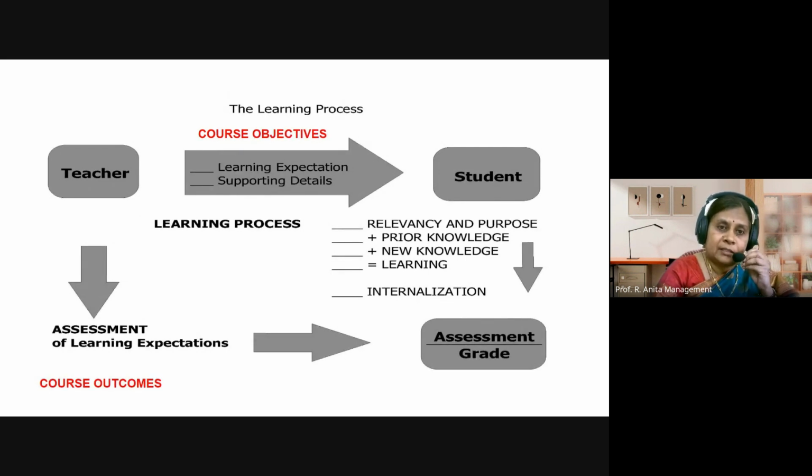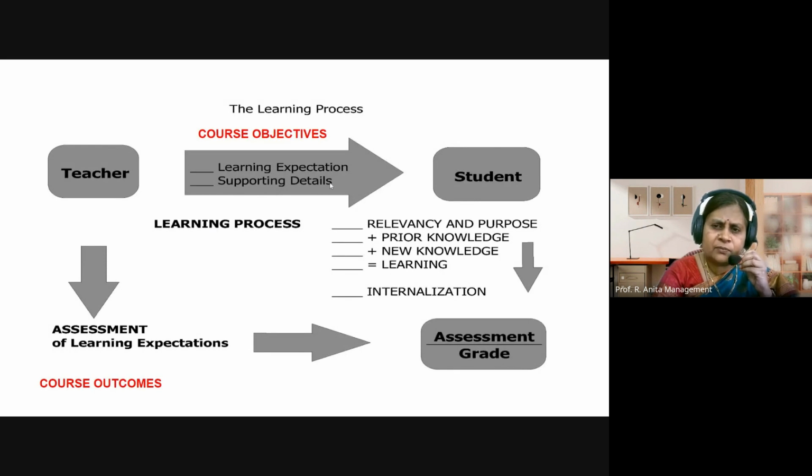We must keep in mind the course objectives or the learning objectives, because we are in the era of outcome-based education, right? We need to see what expectations we have that students should learn. With what objectives are we teaching a particular course, and what are we expecting the students to learn? That is what teaching and learning is.